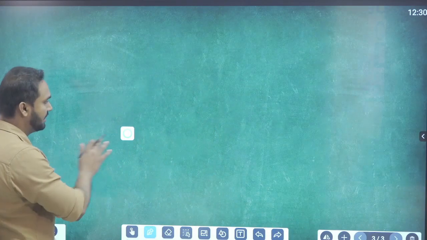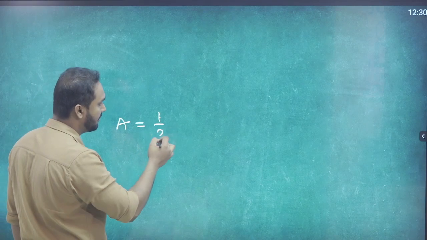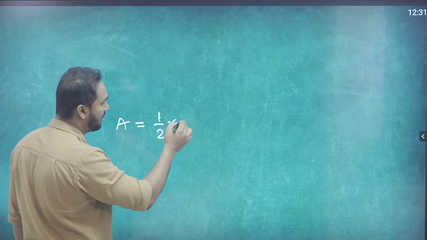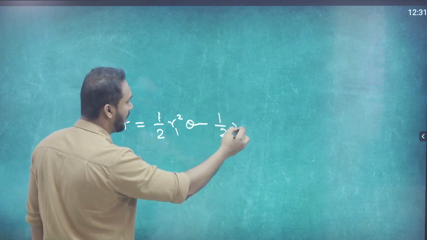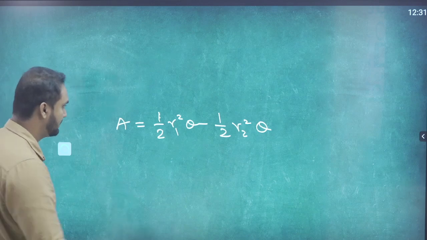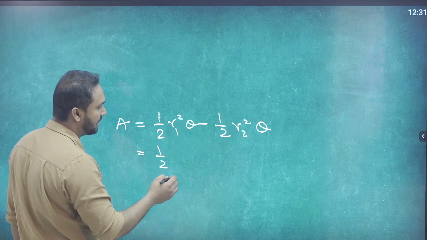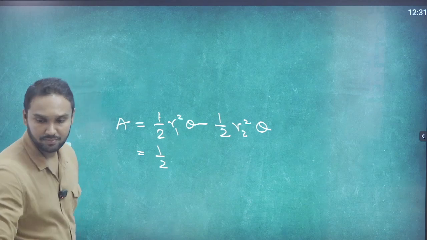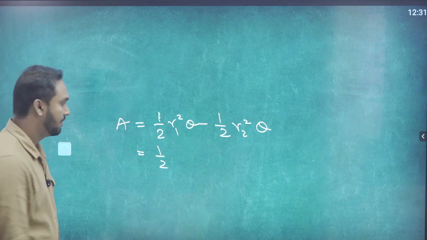So the shaded area A equals half r1 square theta deducted by half r2 square theta, right? This way is easy. So half, how much is the greater radius now? 147.